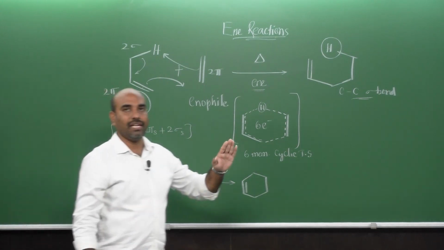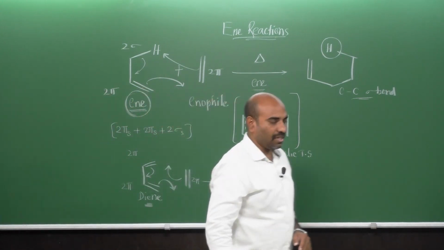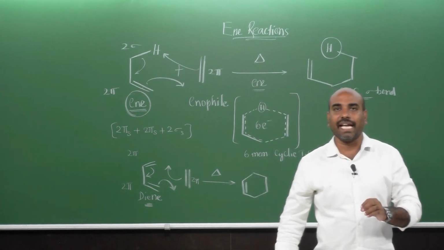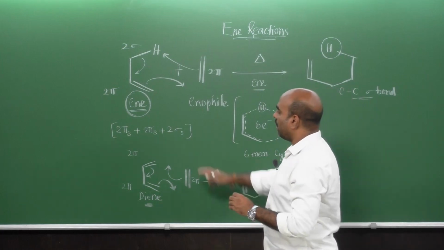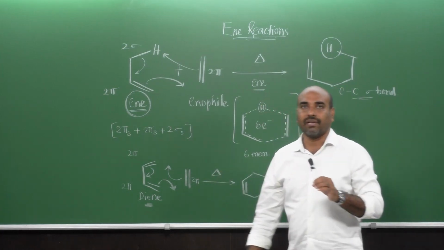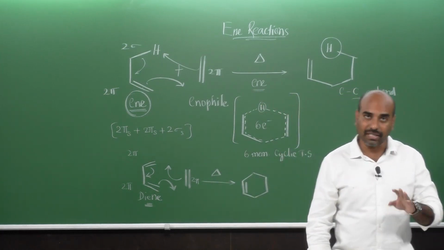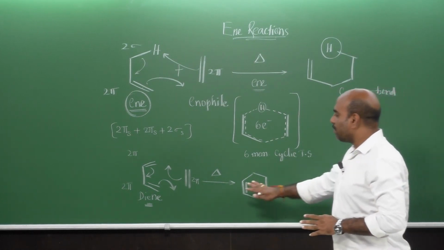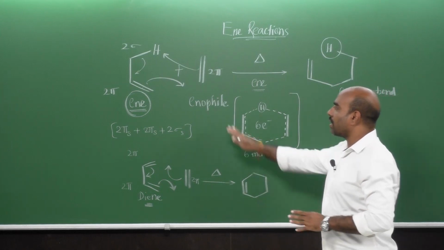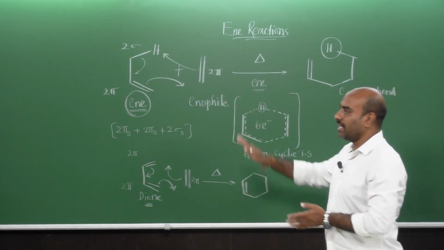Though it is not a complete cycloaddition reaction, mechanistically the ene reaction can be treated as a 2 pi supra, 2 sigma supra cycloaddition reaction, but it is not a cycloaddition reaction, that should be clear, right? It resembles the Diels-Alder reaction, but it is not a Diels-Alder reaction, it is the ene reaction.